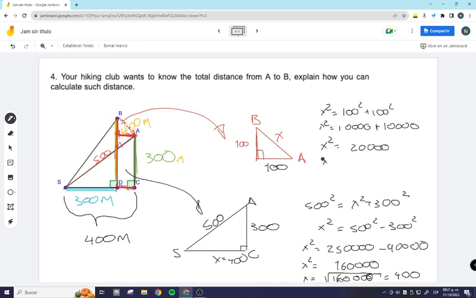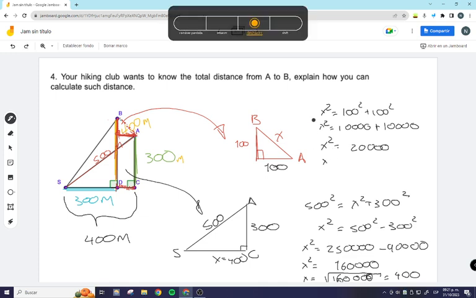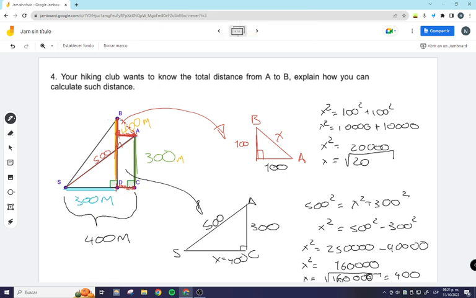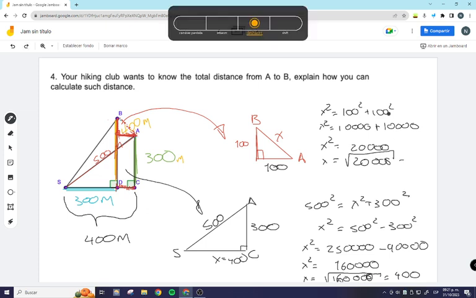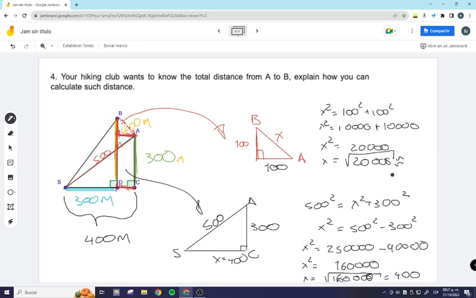And if we do the square root of that, we will get that this is approximately, and this one is not a natural number, so we got it with the calculator. It's 141.4 meters approximately.